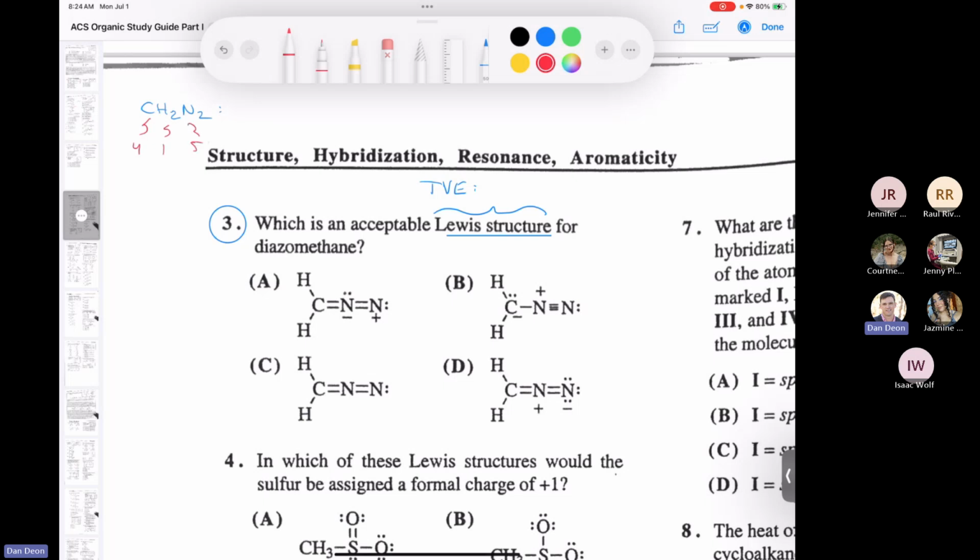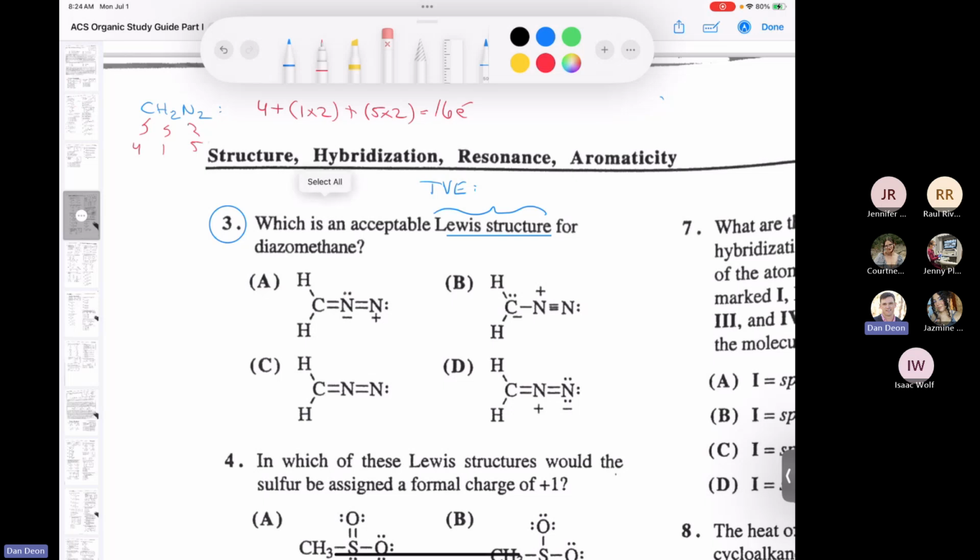So that would mean 4 plus 1 times 2 plus 5 times 2, which gives me a total of 16 valence electrons, right? This is something that you still have to be able to do. If you remember way back in General Chemistry 1, you would look at something like CO2 or titanium tetrachloride and then you'd have to tally up the total number of valence electrons. So this is still a thing. All right, so 16 valence electrons.